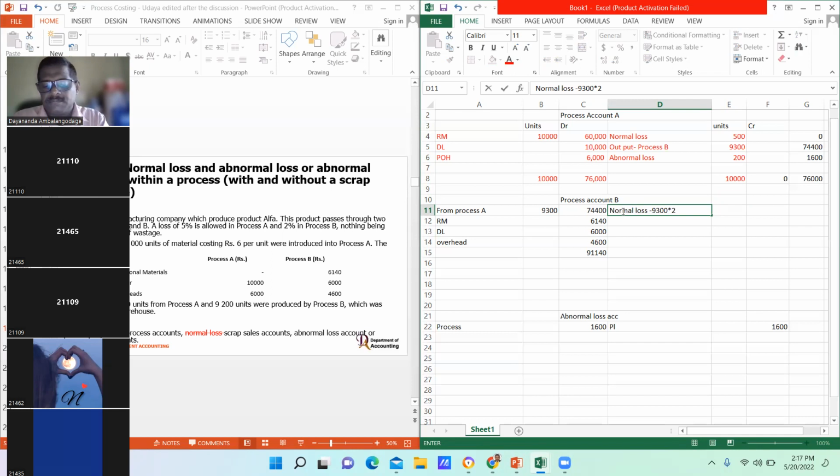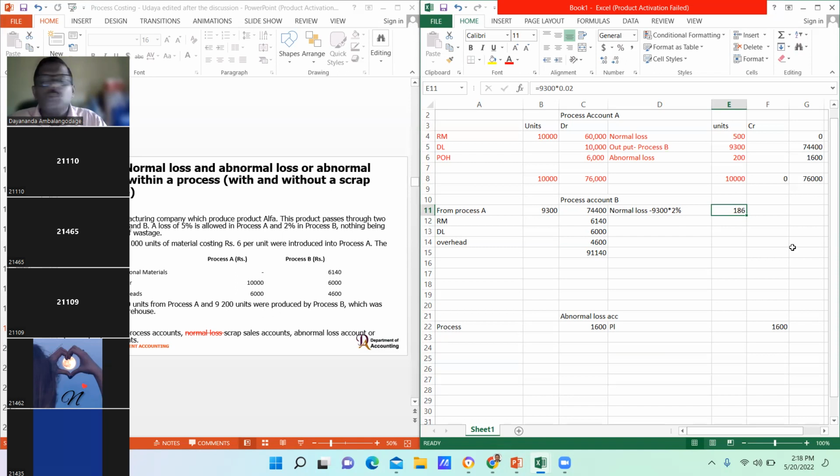That you have to remember. Again, here 2% came again. So 9,300 into 2%, 2% is 186.